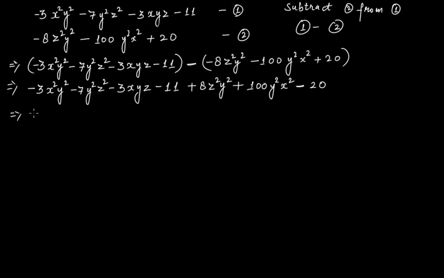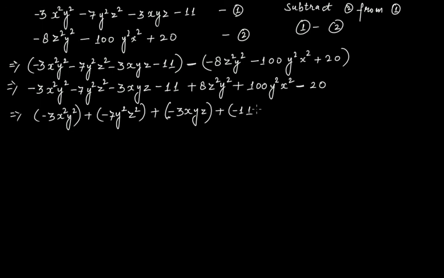if you make this like this one, this is minus 3x squared y squared and plus minus 7y squared z squared plus minus 3xyz plus minus 11 plus 8z squared y squared plus 100 y squared x squared and minus 20.